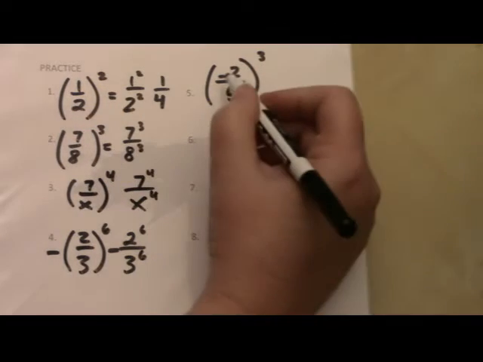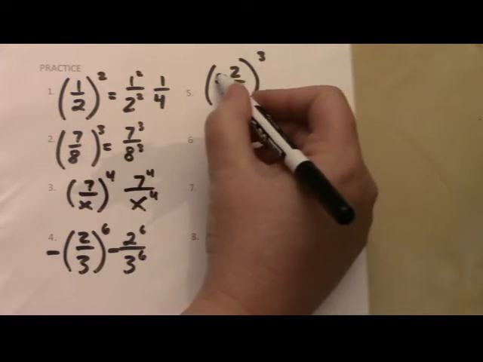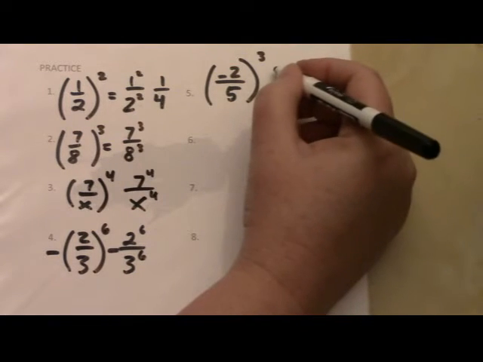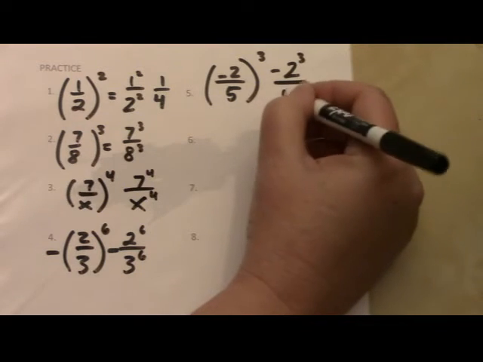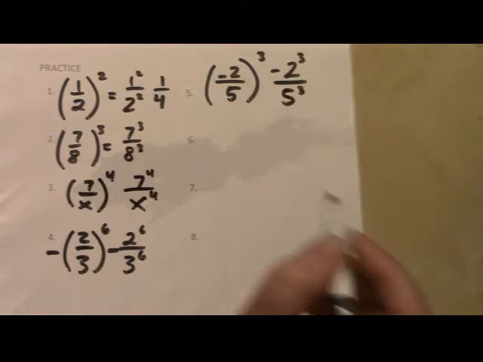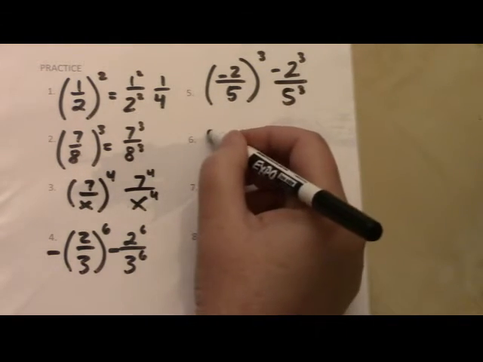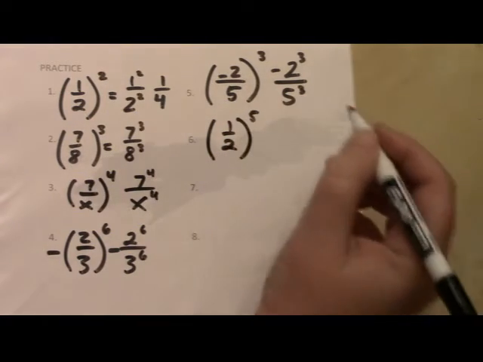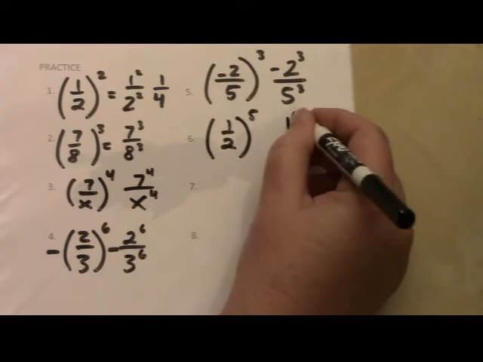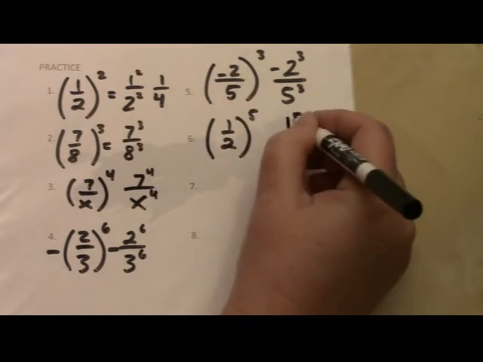Well, this negative doesn't do anything, so my answer is going to be negative 2 cubed over 5 cubed. How about if I have something like 1/2 raised to the 5th? Well, 1 to the 5th over 2 to the 5th.